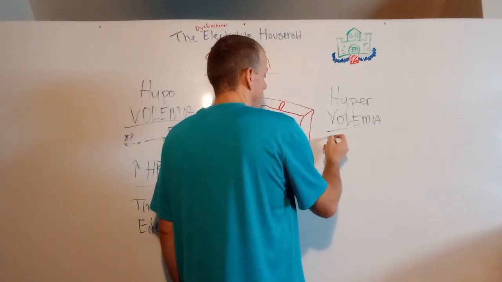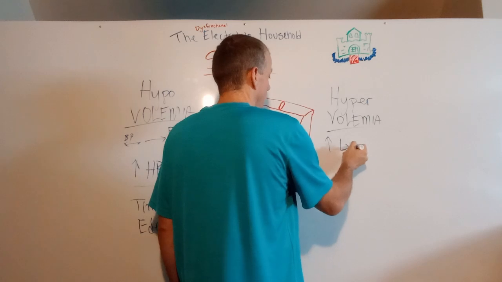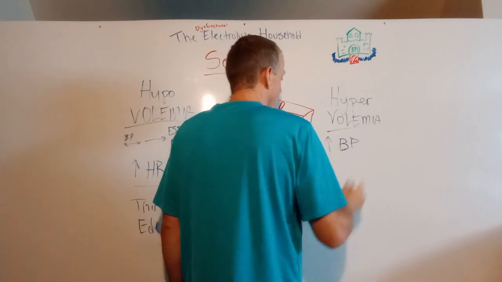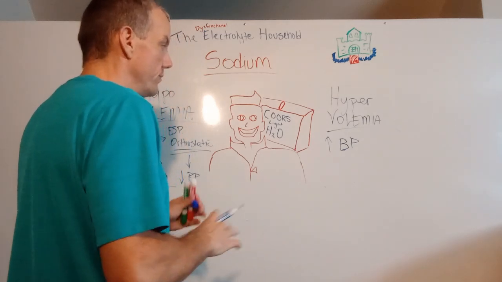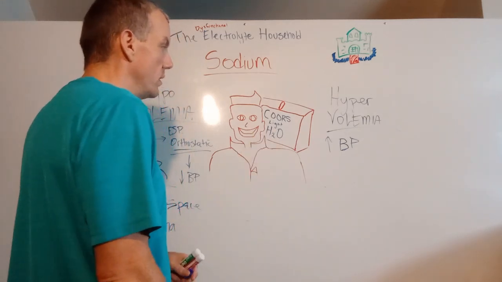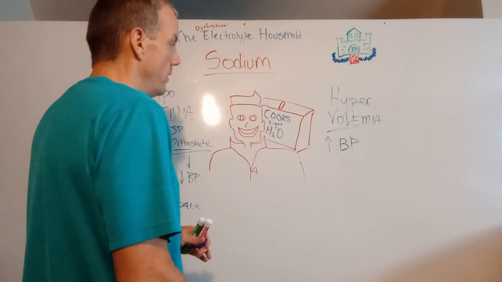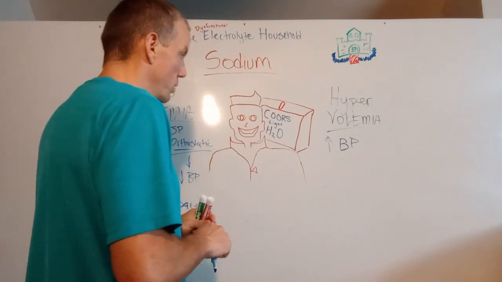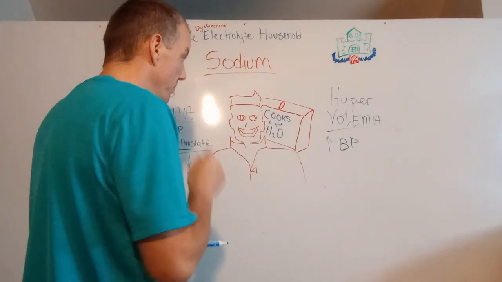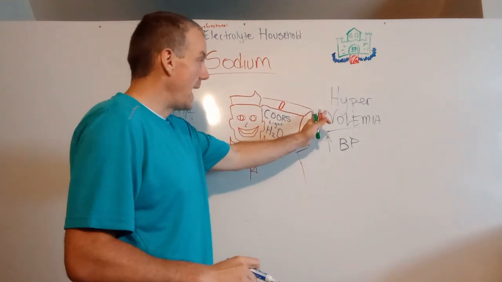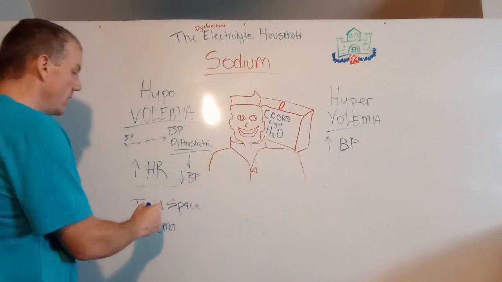And so you just get general BP increases. The preload is fine. Nothing really changes with the preload. And so this is just constant high blood pressure. It just goes up.